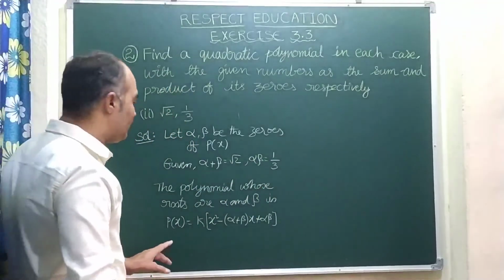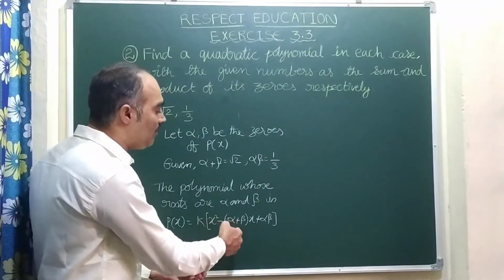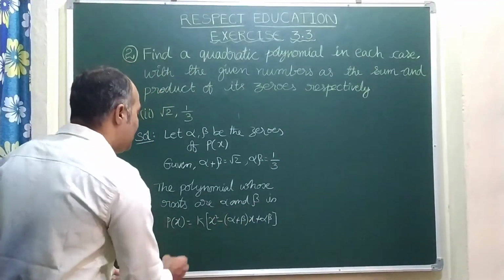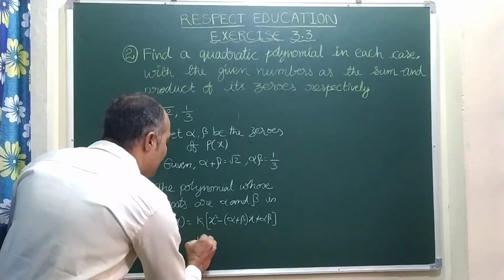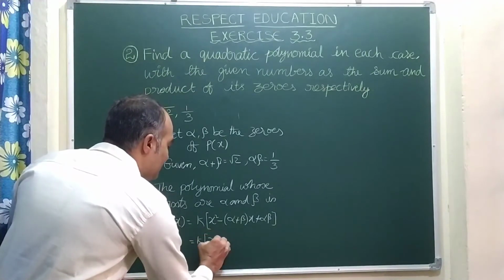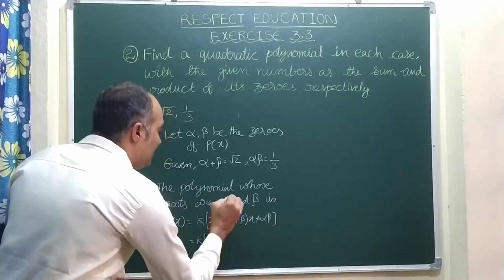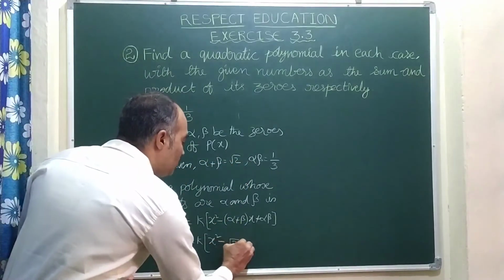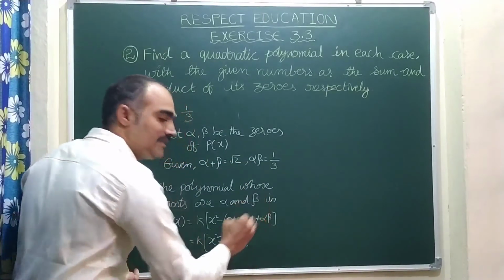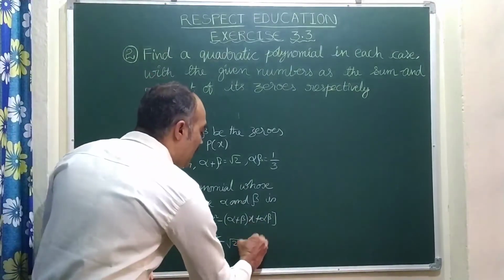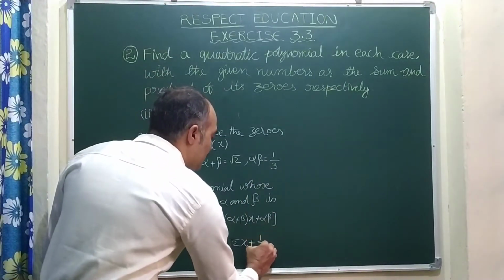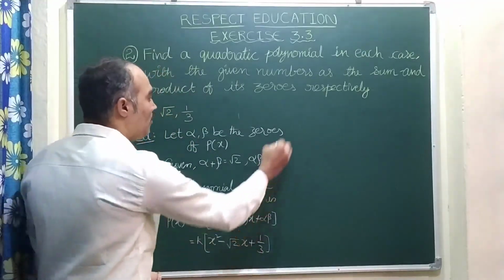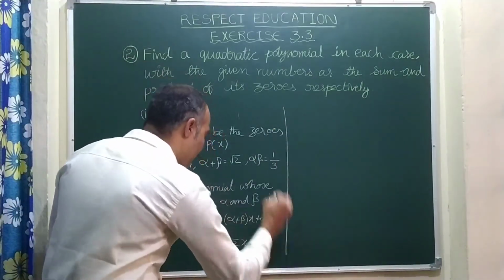So here we can write it as x square minus sum of the zeros into x plus product of the zeros also. So let us substitute the values here. K into x square is x square minus alpha plus beta, it is root 2. So let us write this as root 2. Here x is there, let us write x as it is, plus alpha beta is 1 by 3, so it is 1 by 3. Now here you see 3 is the LCM, so now let us take 3 as LCM.